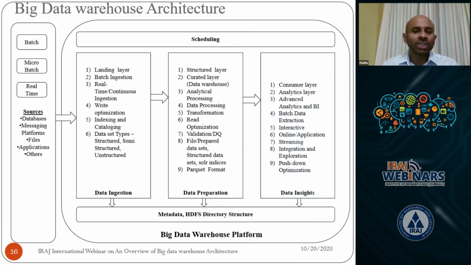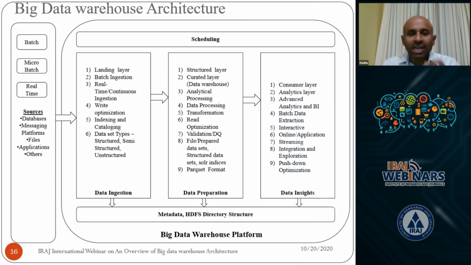So data ingestion. Again, we would be covering in detail each of these blocks in the subsequent sections. But data ingestion, as the name suggests, is getting data from a variety of sources like real-time and batch sources and bringing it down to the big data warehouse.